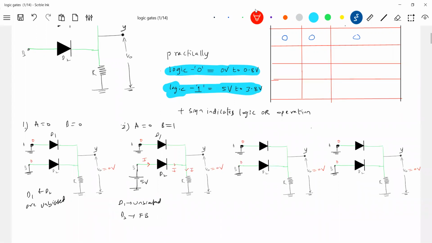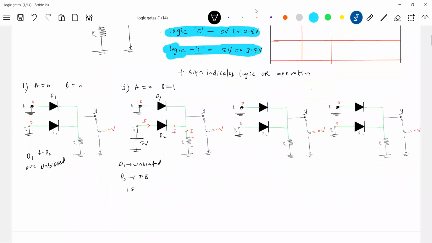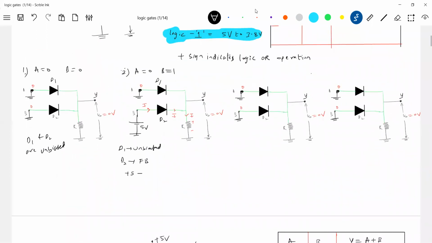So then let's take this diode. Even if you take a 0.7 volt drop, how much should V naught be? I think you know enough of KVL. Apply KVL. This is the first problem. Plus 5 volt, minus VBE, minus I into R equal to 0.